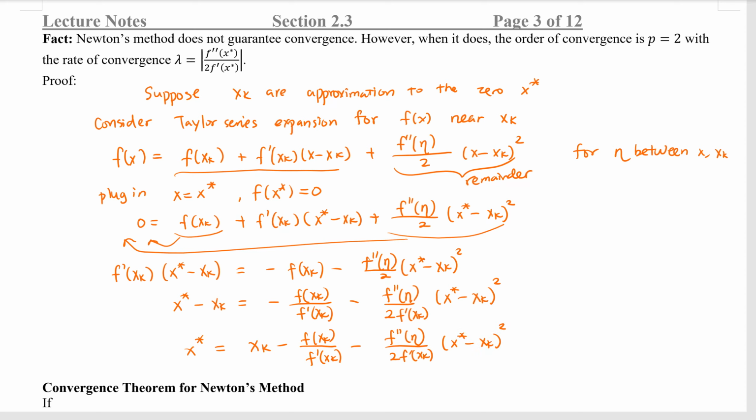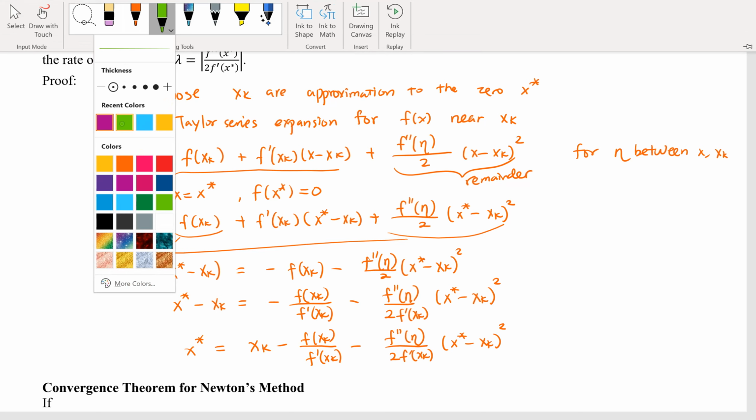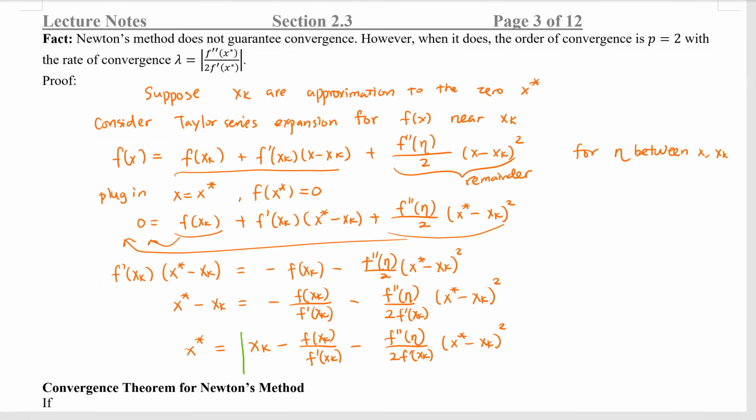Okay, now something amazing happened. What is that? Whoa, look at this. This is actually our iterative formula. This is actually xk plus 1 by Newton's method. Right? xk plus 1 is xk minus f of xk over f prime of xk. Okay?